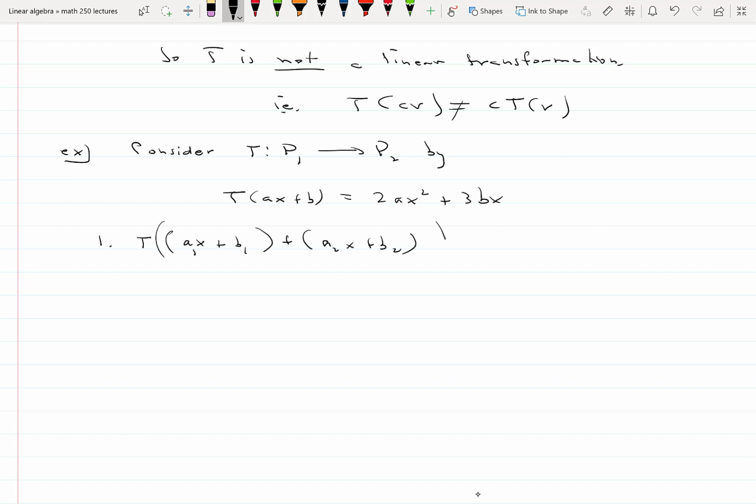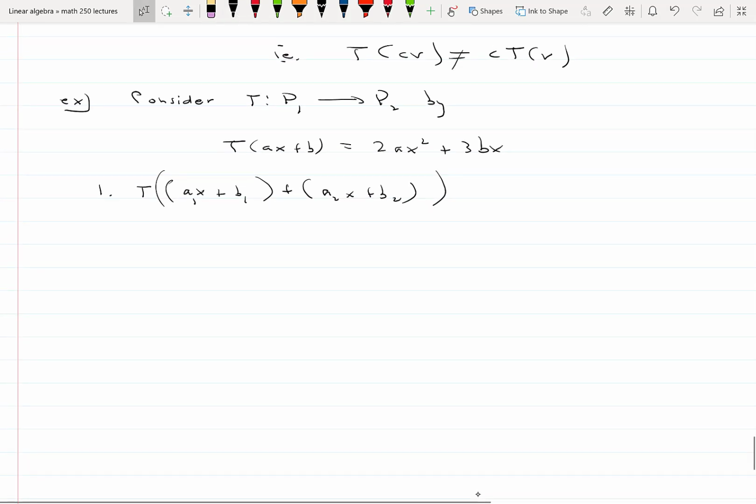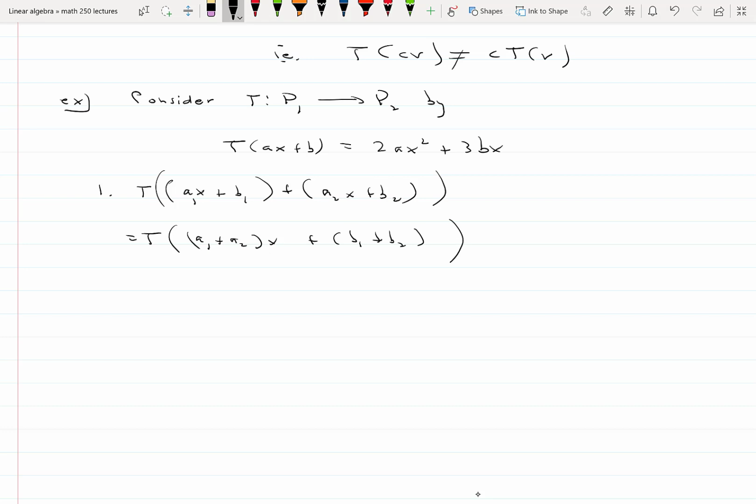Parentheses necessary here. Let's work inside the transformation first. We're adding up two things from P1, which can very easily be written as A1 plus A2 x plus B1 plus B2. I'm just adding those two polynomials up.